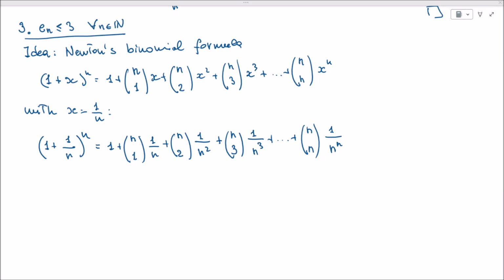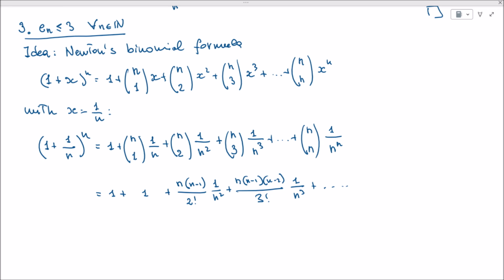And if we develop the binomial coefficient, we get 1 plus n times n minus 1 divided by 2 factorial times 1 over n squared plus n times n minus 1 times n minus 2 divided by 3 factorial times 1 over n to the cube plus dot dot dot.